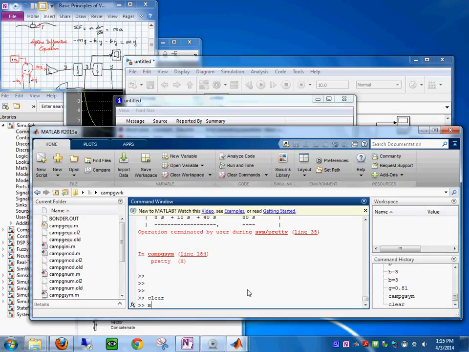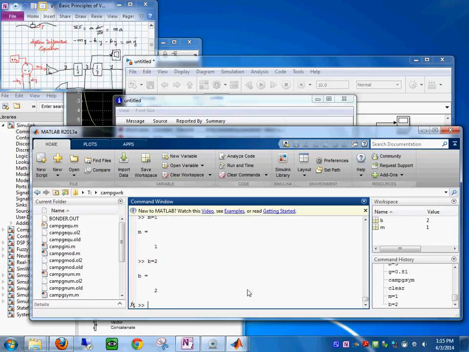It says m is equal to 1, b is equal to 2, k is equal to 1 over 20 as we had. And then g is equal to 9.81. Okay, and now we will run it again.